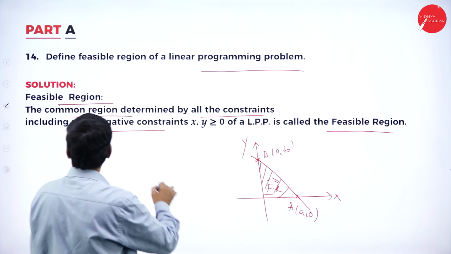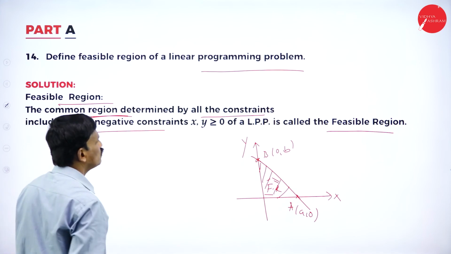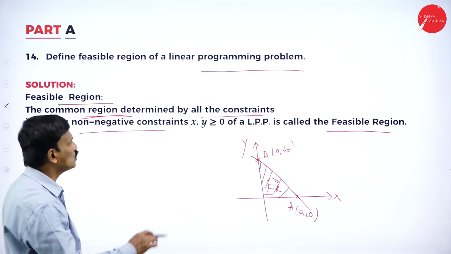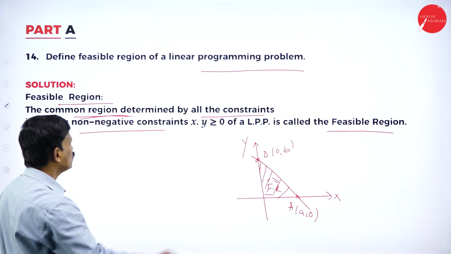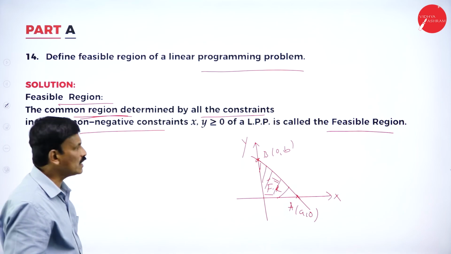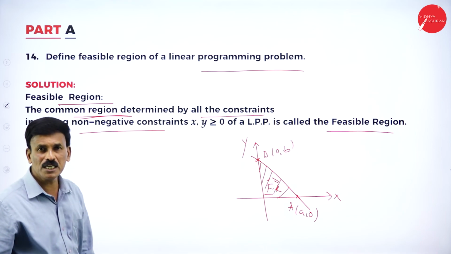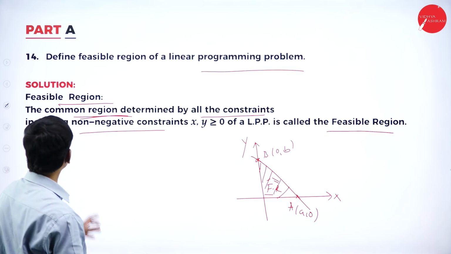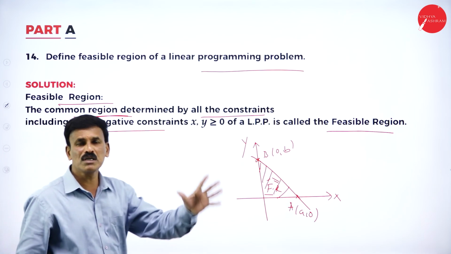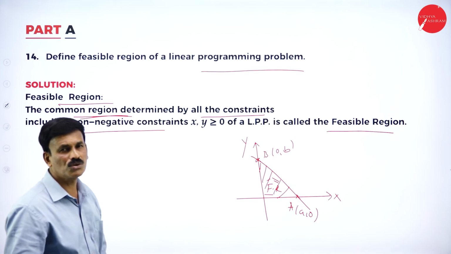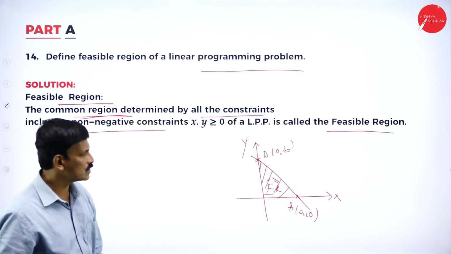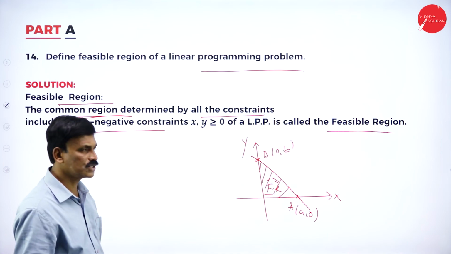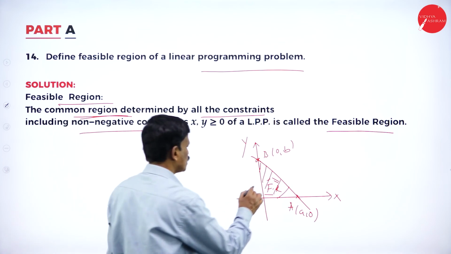That is the common region determined by all the constraints, including the non-negative constraints x, y greater than or equal to 0, of a linear programming problem. That means the common region determined by all the constraints, including the non-negative restrictions. This is the feasible region.